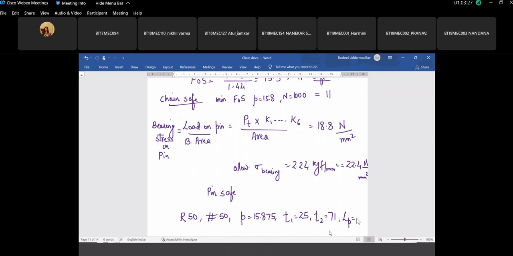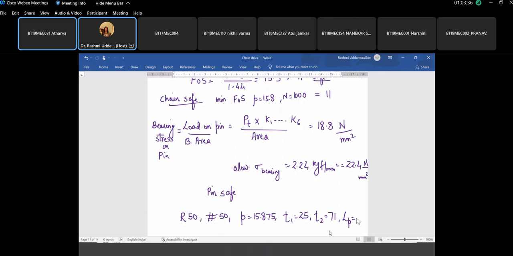What is given in Newton per mm square? Atharva? Allowable bearing stress is in Newton per mm square, what is the value given? 2.24? No, my design data book is giving the value in kgf per mm square. I thought you had a higher version with Newton per mm square. Sarthak, Prajwal, what is the unit given in the PSG design data book for allowable bearing stress?